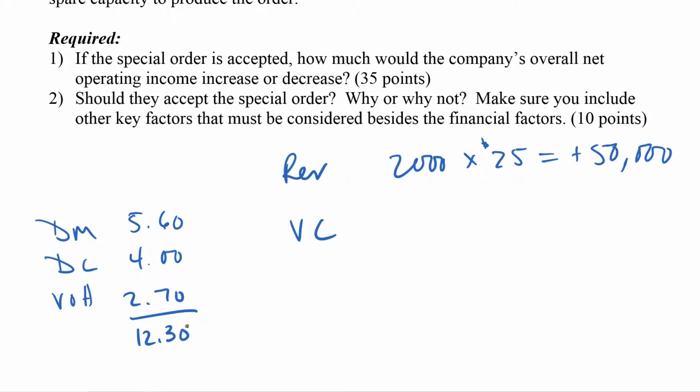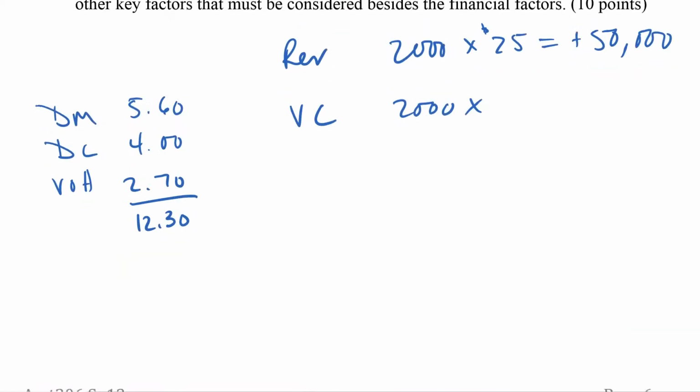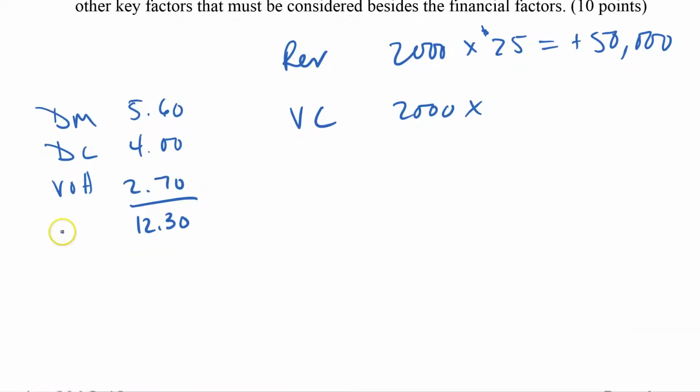And that would normally be our variable costs, which we would use right here. However, again, as we read through and check off the numbers, it tells us that we would have additional variable costs of $1.20 per pair related to this special die and whatnot. So I'm going to add the extra variable cost of $1.20 to come up with $13.50.